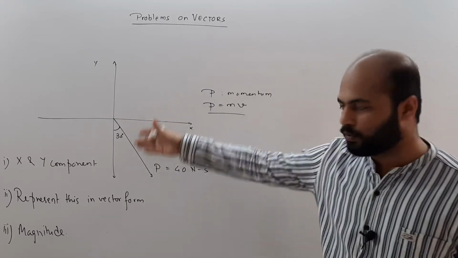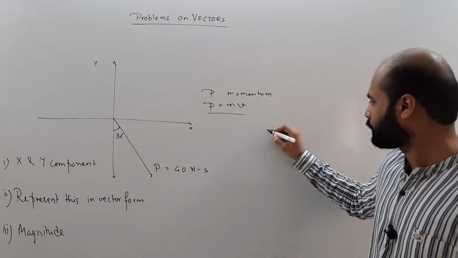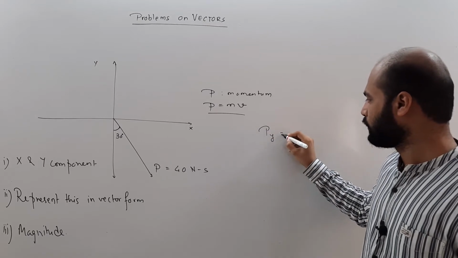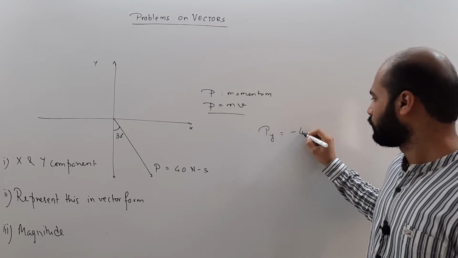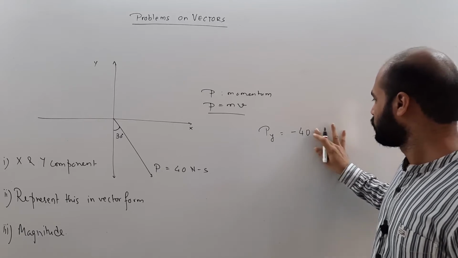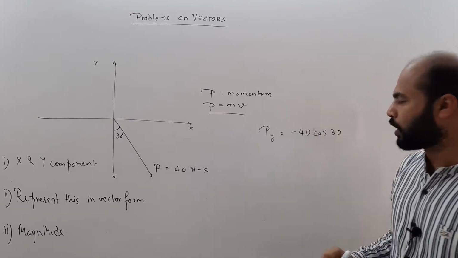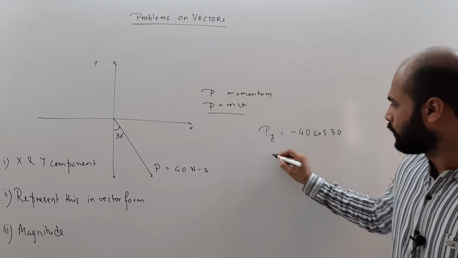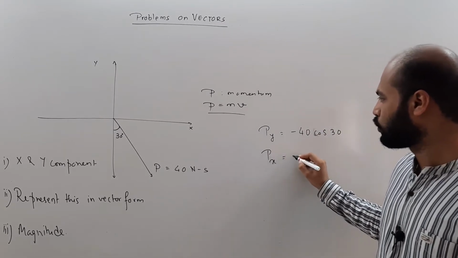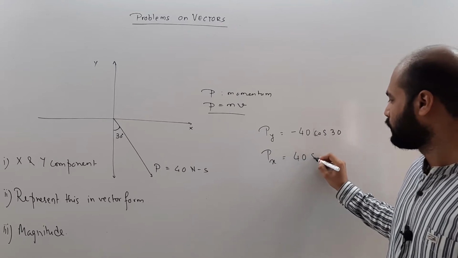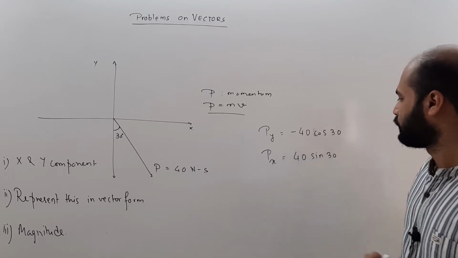So since it is downwards, we will write it as Py is equal to minus 40 cos 30, because it is in downward direction, and Px is going to be 40 sin 30.